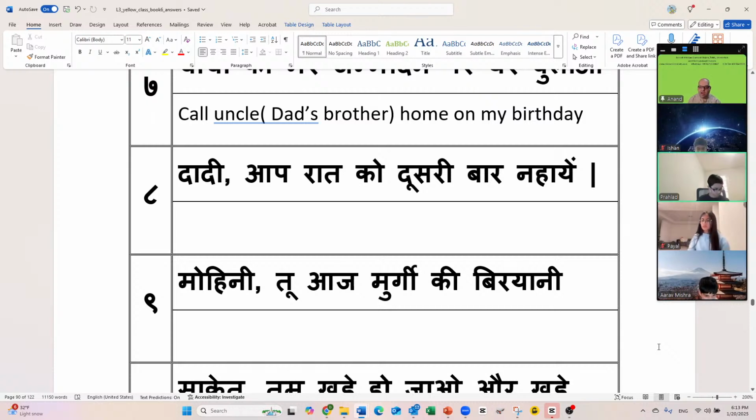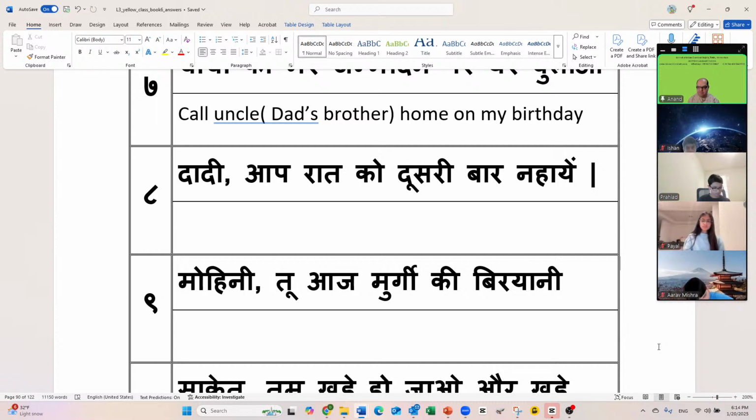Okay. What does that mean? Grandma, you take a second bath at night? When you say you take a second bath, are you reporting or telling somebody that she takes a second bath, or you are asking her to take a second bath?